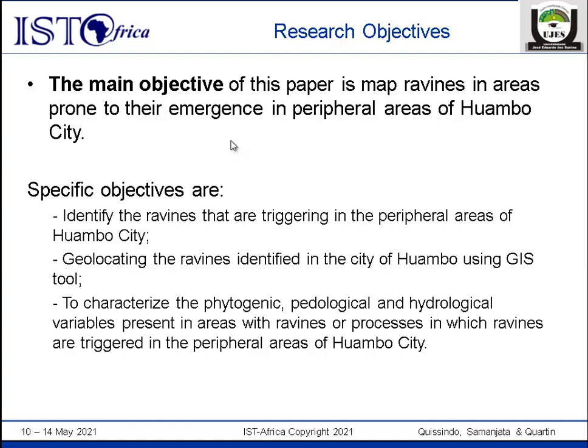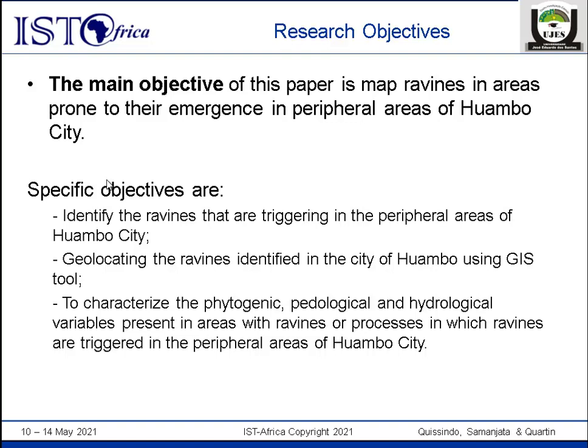objective of this paper is to map ravines in areas prone to their emergence in the peripheral area of Huambo city. To achieve it, we identified the ravines that are intruding in the peripheral area of Huambo city.